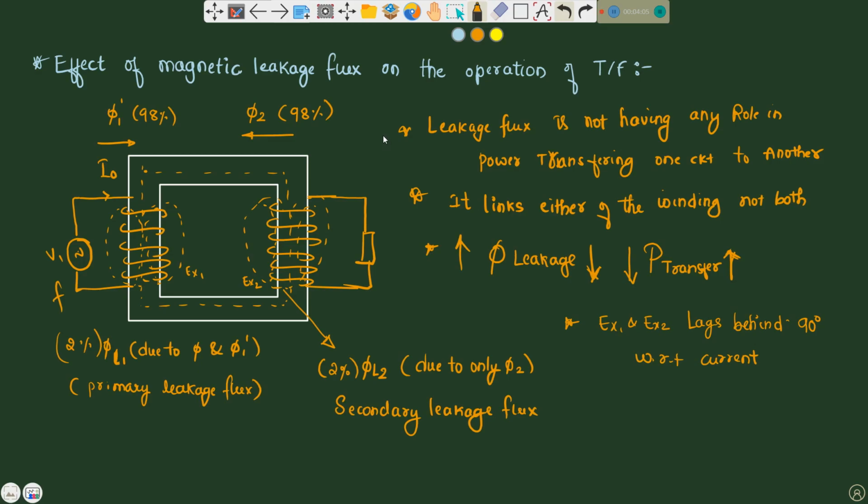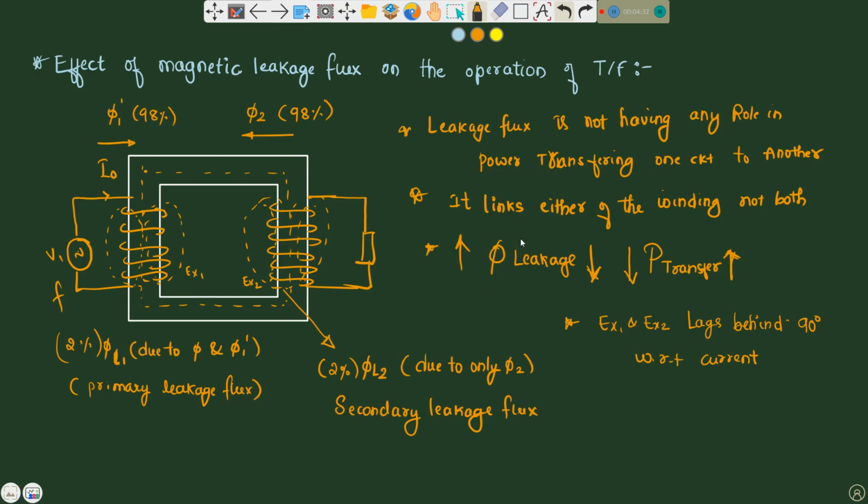So what are all the things you should remember while considering magnetic leakage flux on the working of the transformer? One thing, magnetic leakage flux is produced by part of the load component of the flux which is circulating in air, as I have shown here. It links either of the winding but not both, either HV or LV, or primary or secondary.